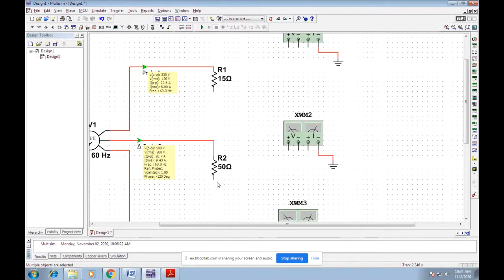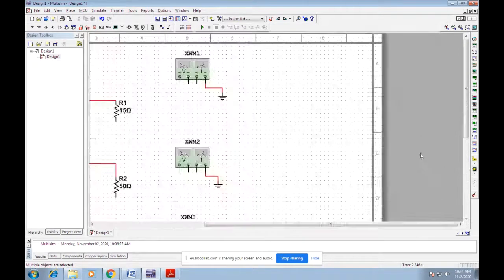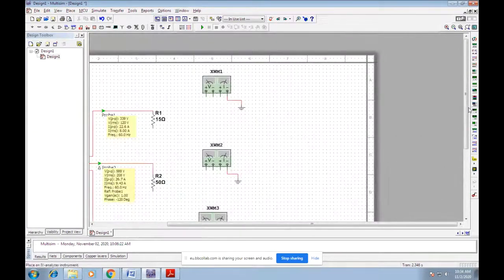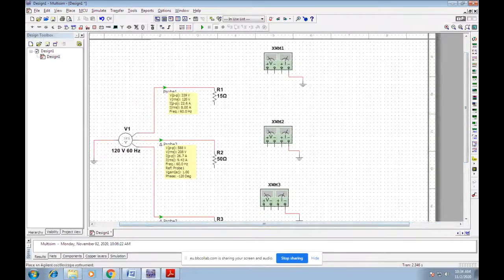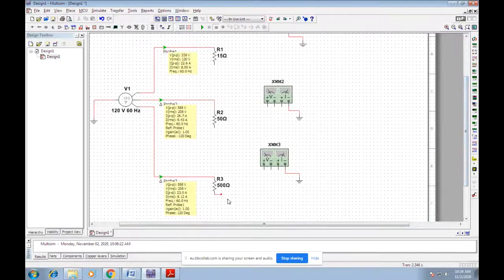We will delete all this, and we will place an inductor in series.